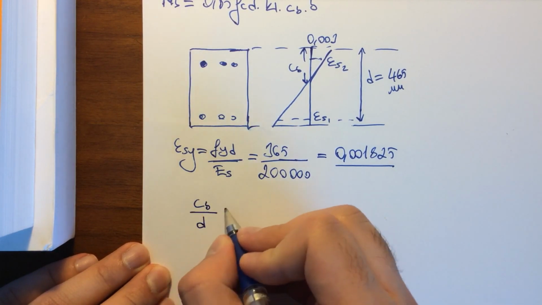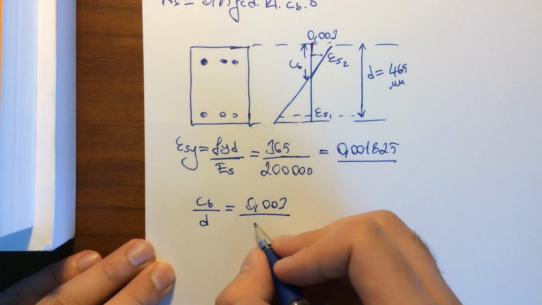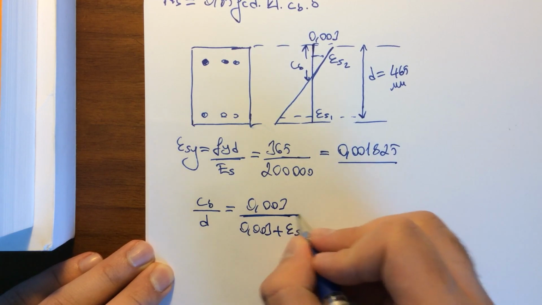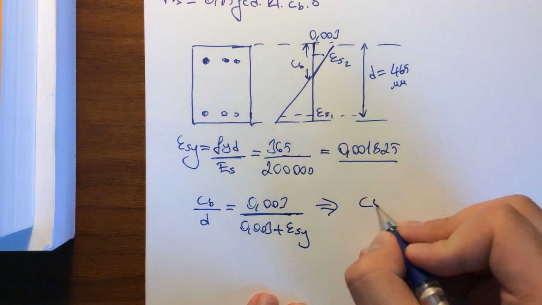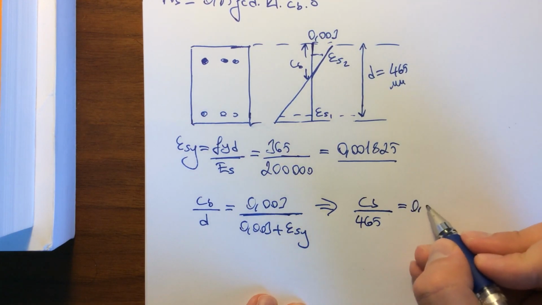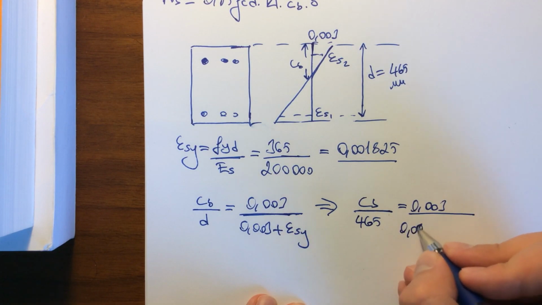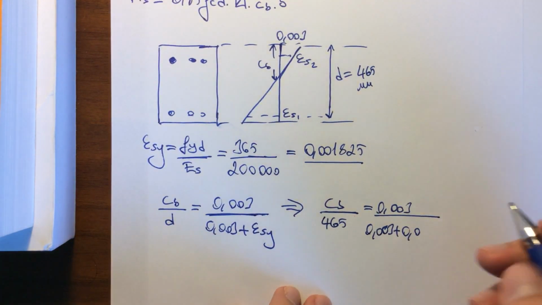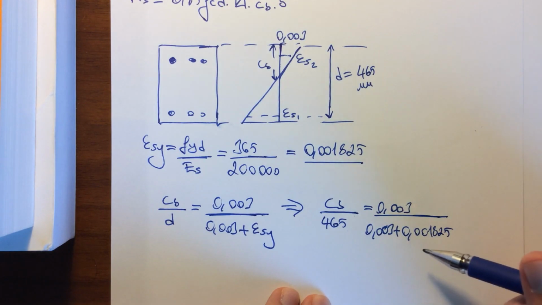cb divided by d is equal to 0.003 divided by 0.003 plus epsilon steel yield. Let's plug in the numbers. cb divided by 465 equals 0.003 divided by 0.003 plus 0.001825.